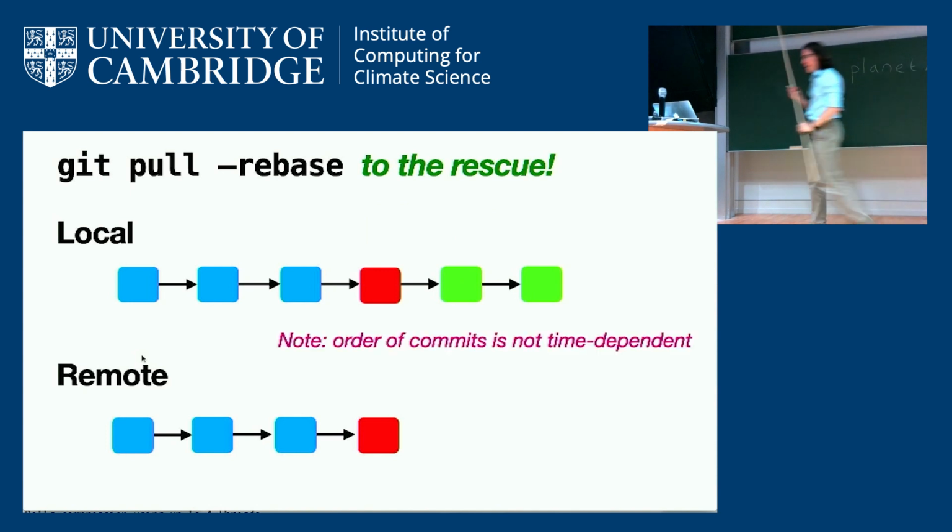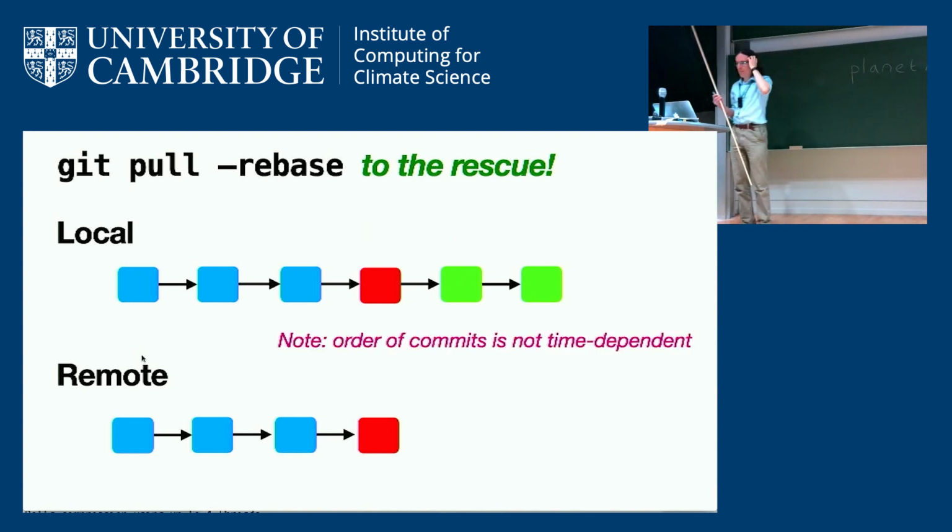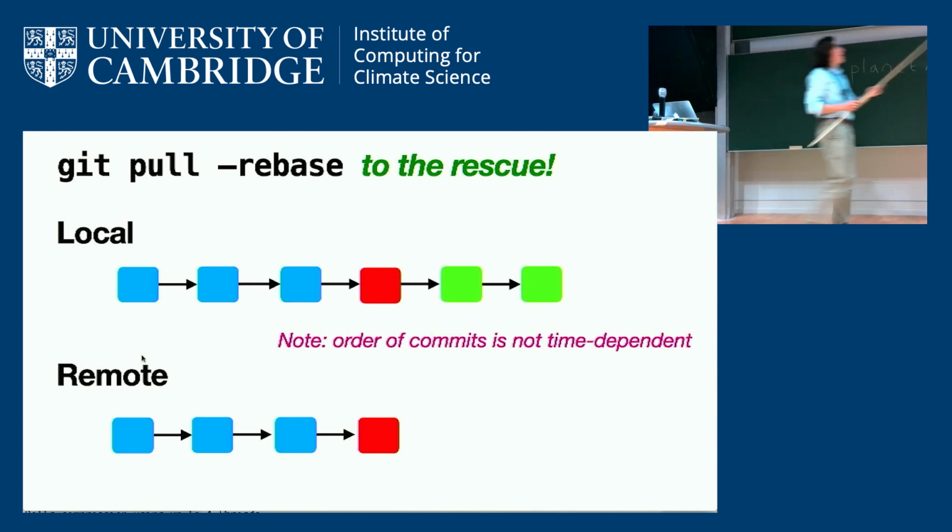So it doesn't matter about the actual temporal order of the commits; they're not time dependent. Could be that this red one happened after these green ones. But it has this new order now. It doesn't need to create a merge. It's as if I did these green changes after the red one had occurred.